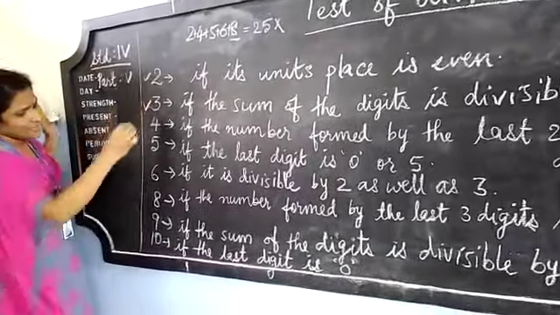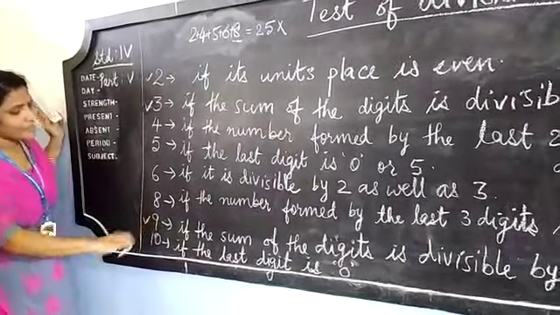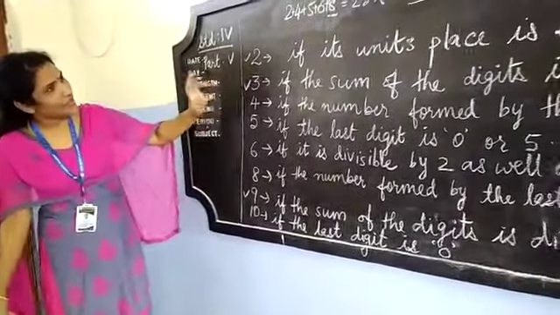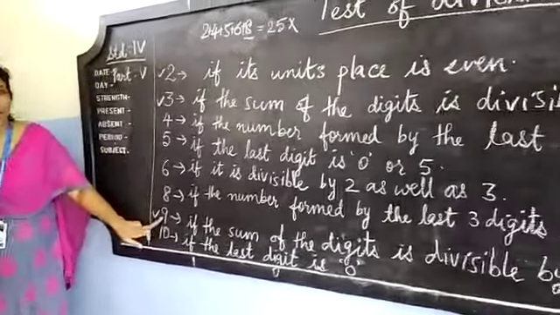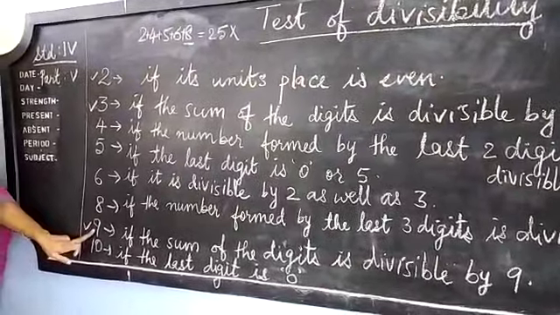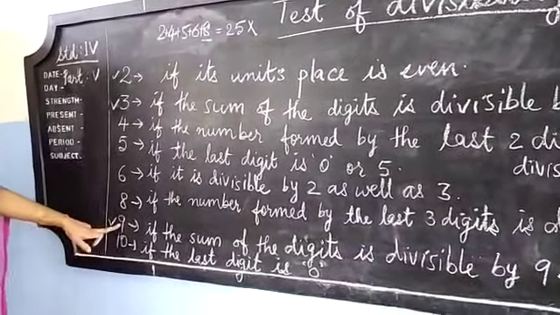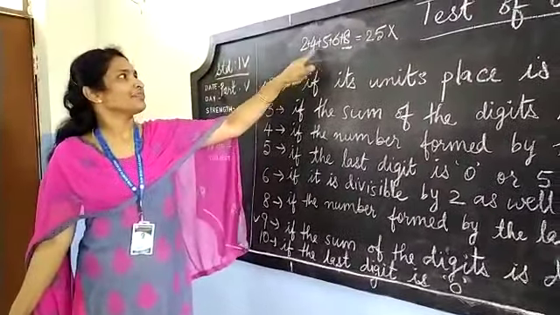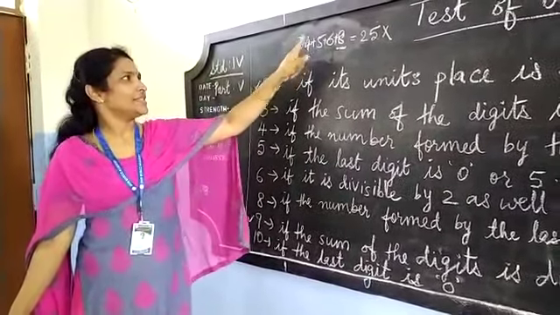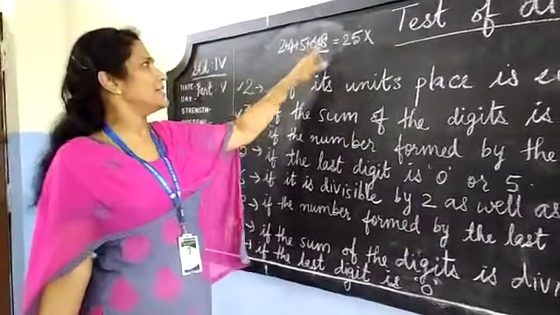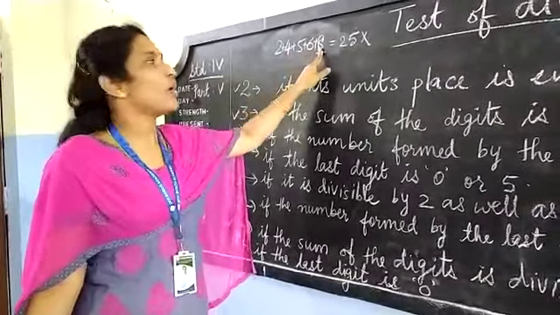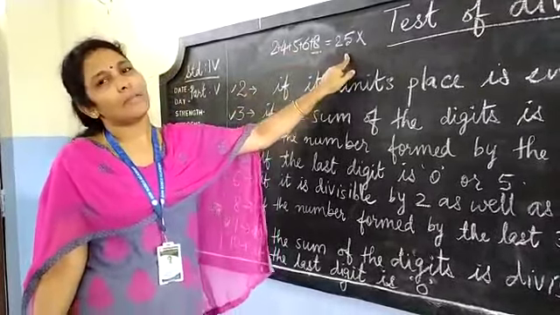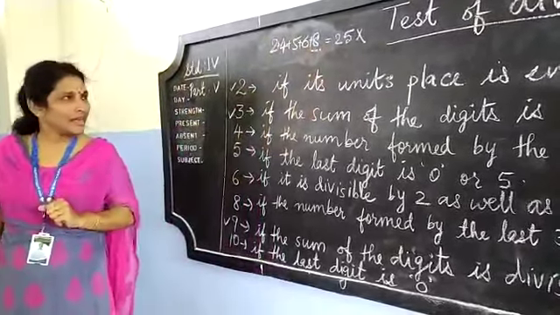And we can see number 9 also, the same method to be followed. How can you find out whether a number is divisible by 9? We have to add the digits: 2 plus 4 plus 5 plus 6 plus 8. If the sum of these numbers is divisible by 9, that number is divisible by 9.